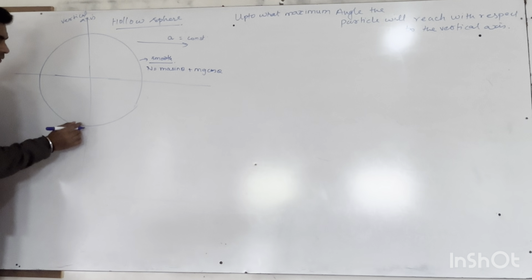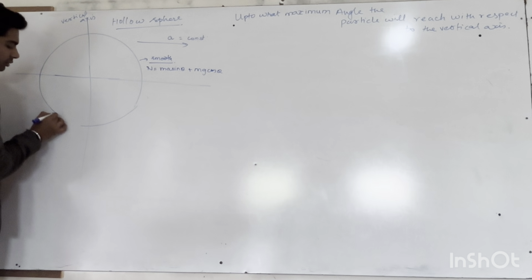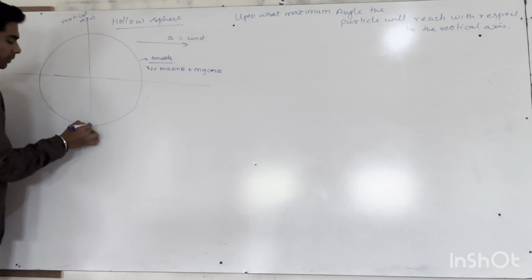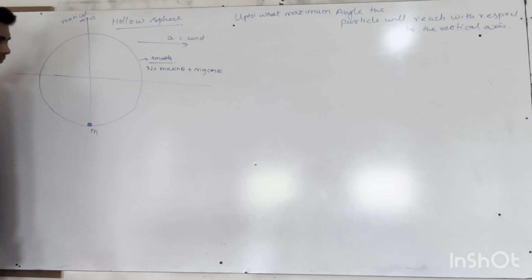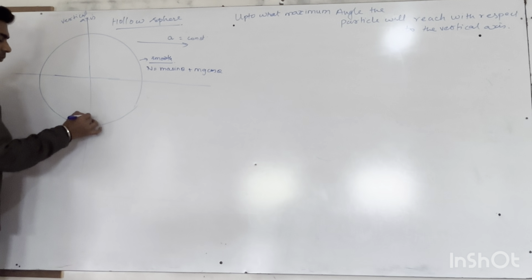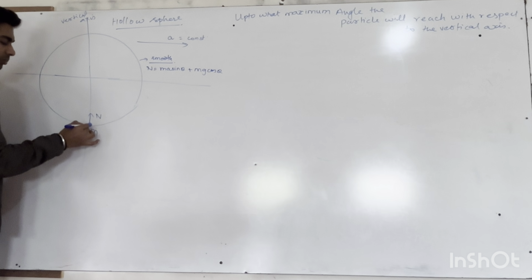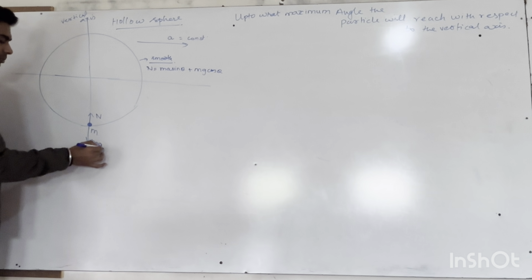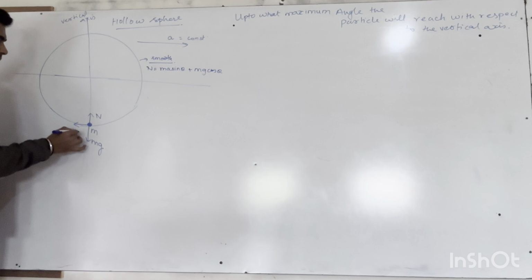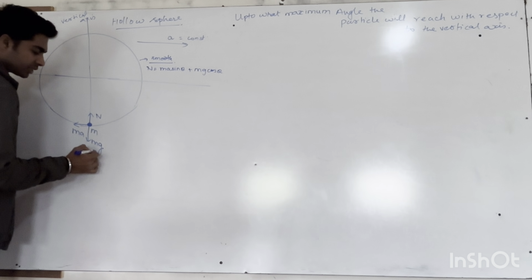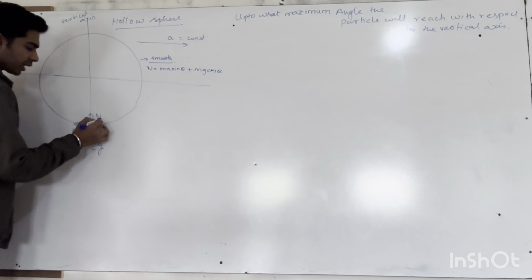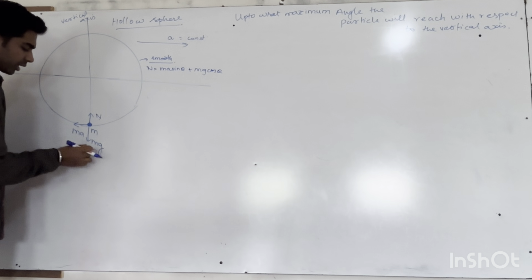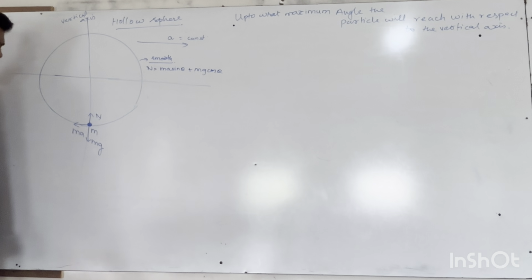Now, what was the initial situation? Initially, the particle of mass m was here. The forces are upward N, downward mg, and leftward ma. The directions of this mg and ma are constant.